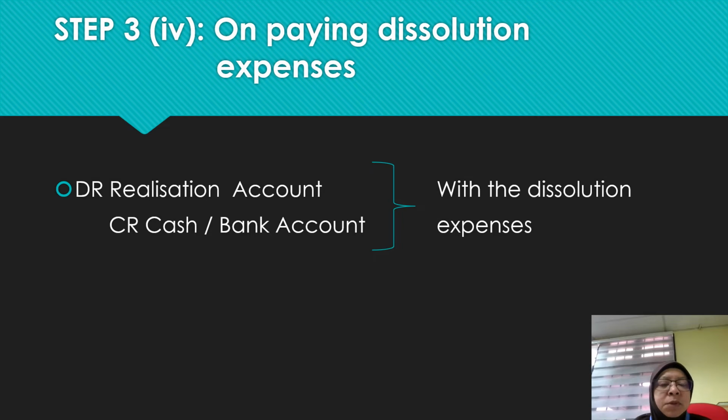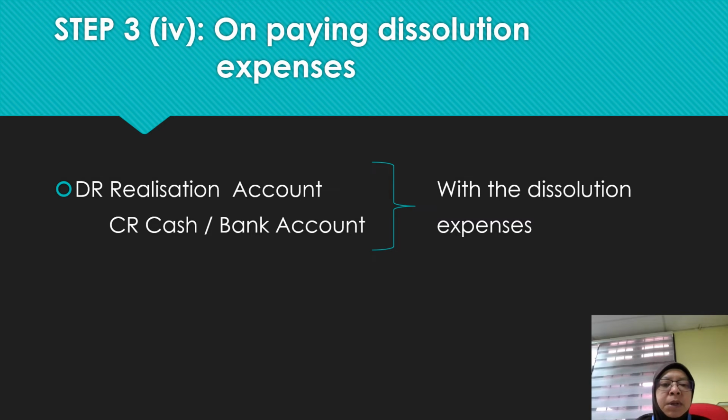Next step, also in step 3, is paying the dissolution expenses. Suppose we have dissolution expenses that should be paid while we try to clear off all the assets. We hire another party to help us settle all the process of dissolution. So those expenses we should pay.